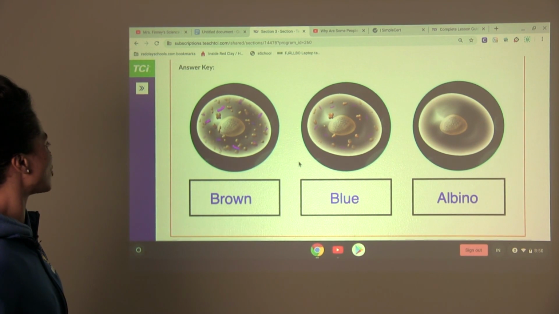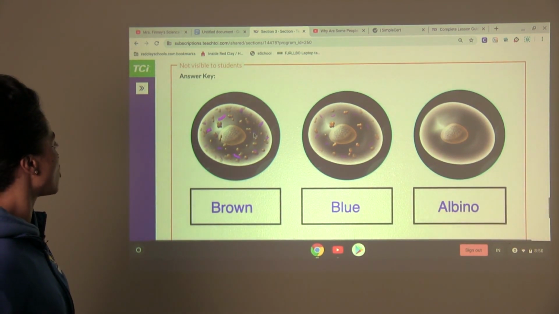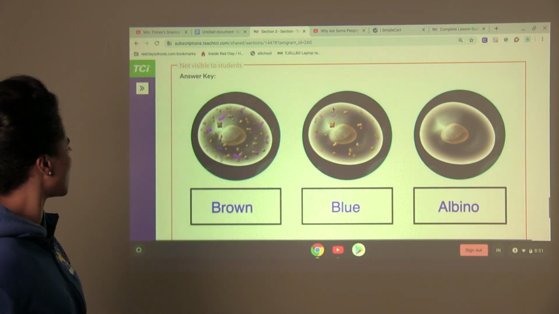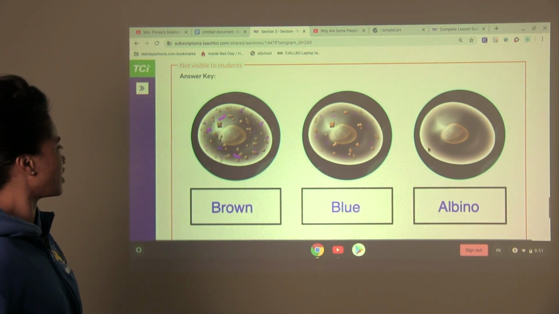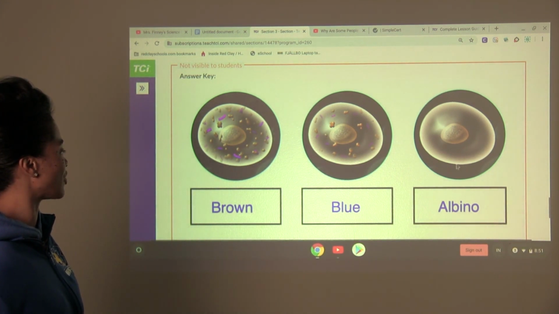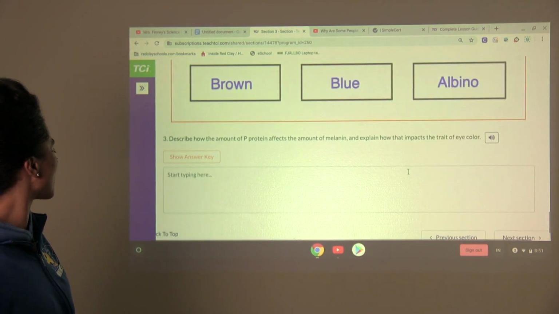This first one has more melanin, more functional pea protein, than this one, which has pea protein, but just not as much. And here, non-functional pea protein, not even there. So make sure you have that inside of your notebook.